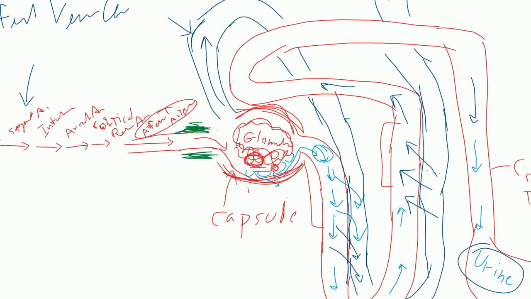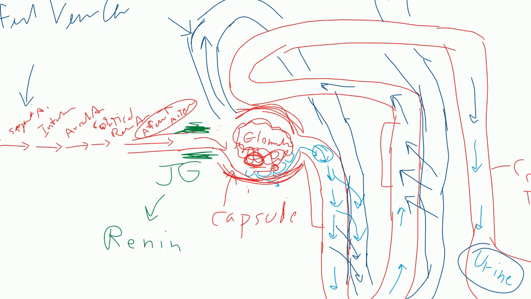If you open this up, dilate it, then more stuff is going to come out. If you constrict it, then less stuff is going to come out. Very simple, right?